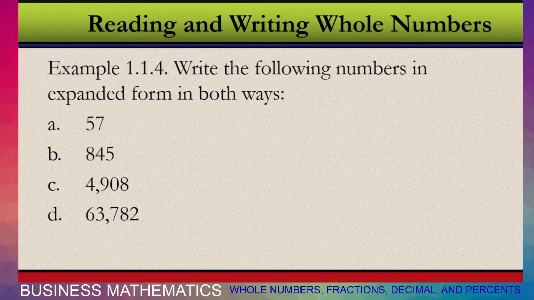So, example. Write the following numbers in expanded form. Letter A is 57, letter B is 845, letter C is 4,908, and the other one is 63,782.